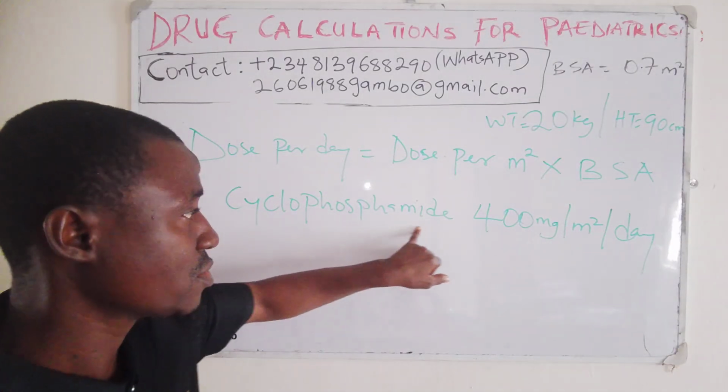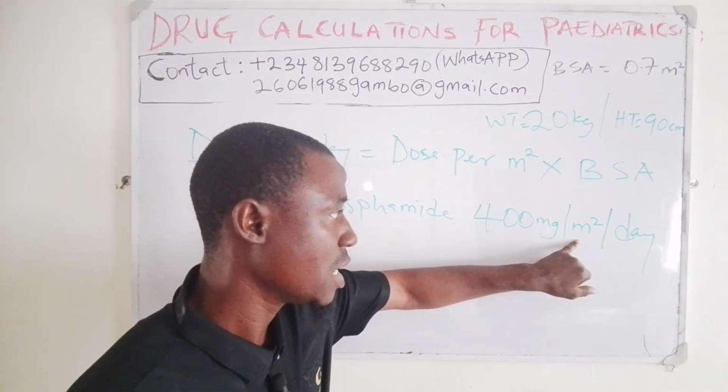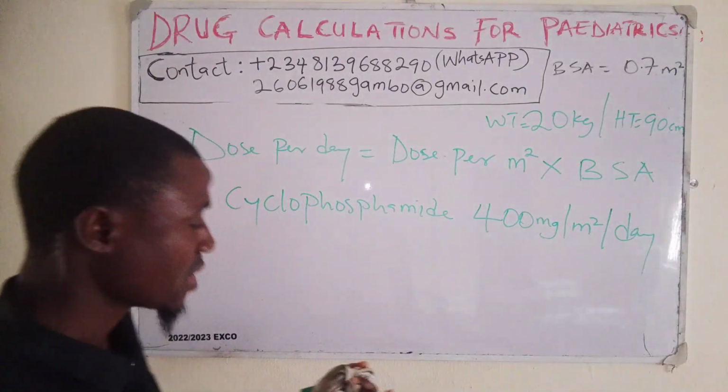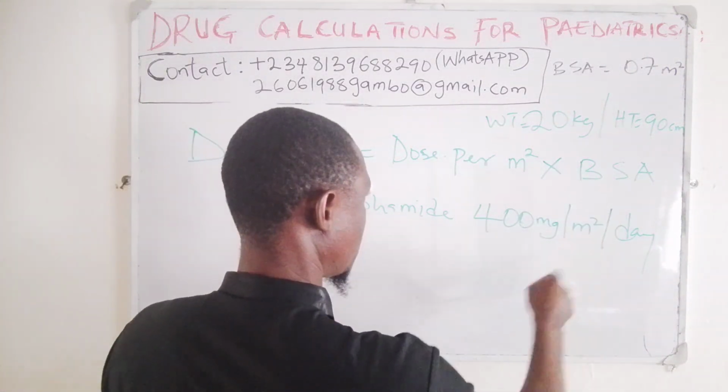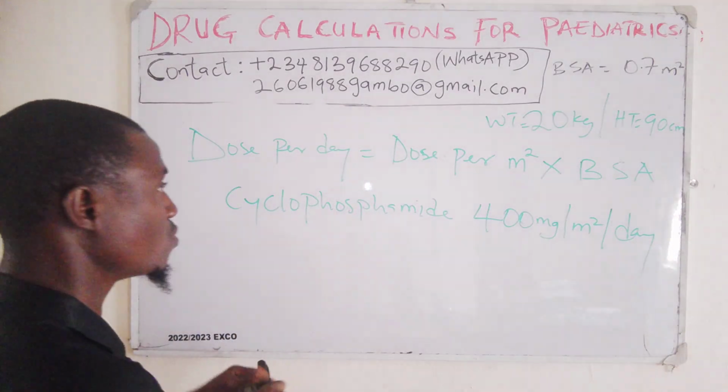Cyclophosphamide was dosed like this: 400 milligrams per meter squared per day. Now, since we have obtained our body surface area, it will be easier for us to calculate the dose per day.